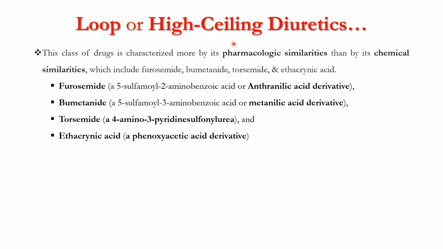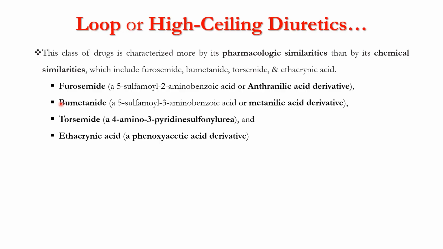Drugs categorized under loop or high-ceiling diuretics are characterized more by their pharmacological similarity than by their chemical similarity. That means they have diverse chemical structures.